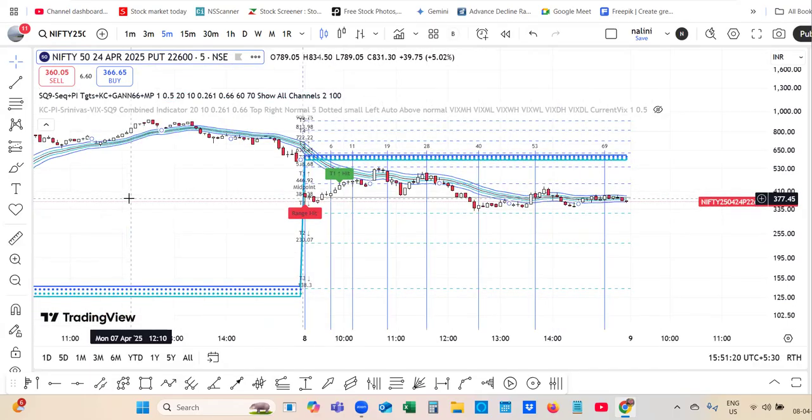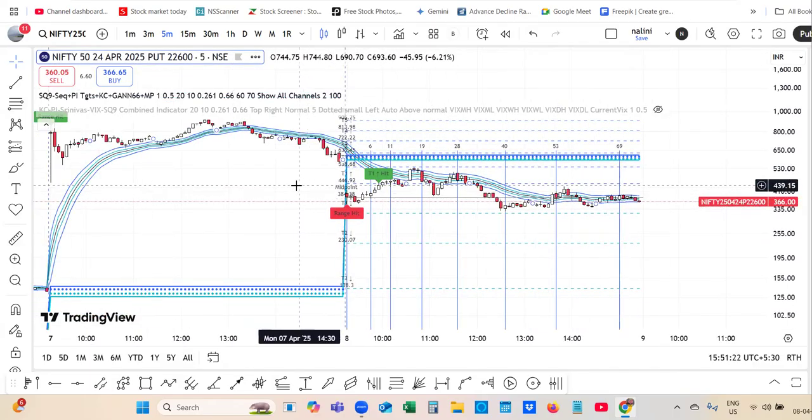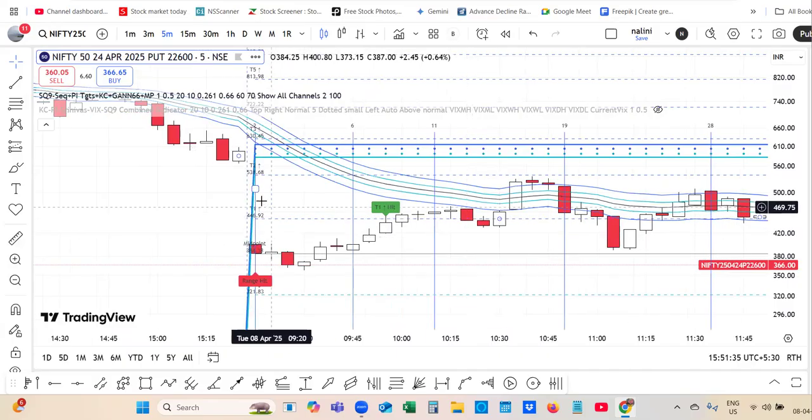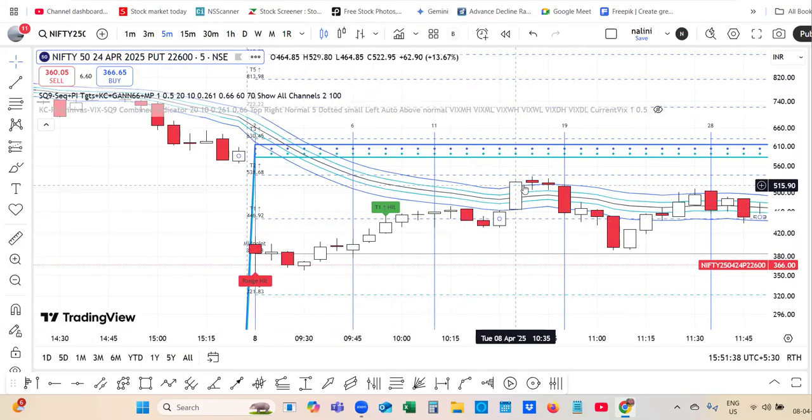Here you can see clearly it gapped down and reversed.